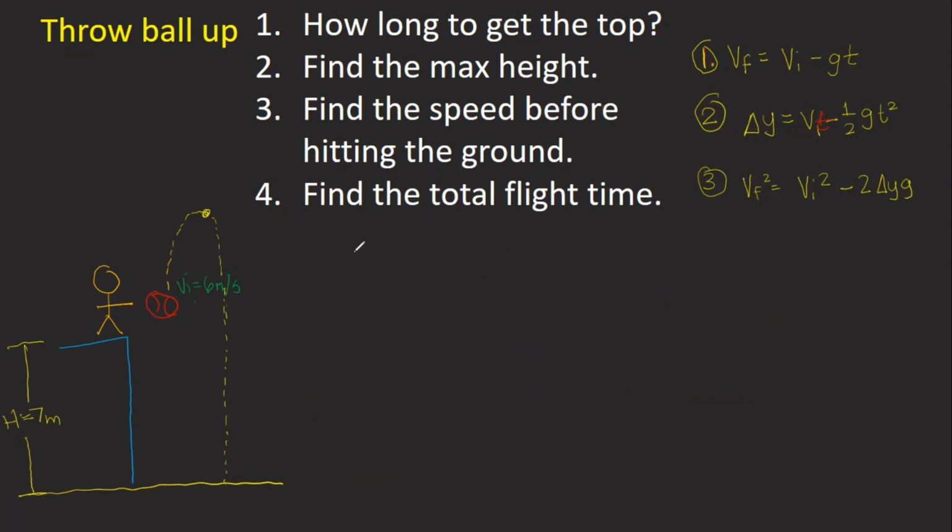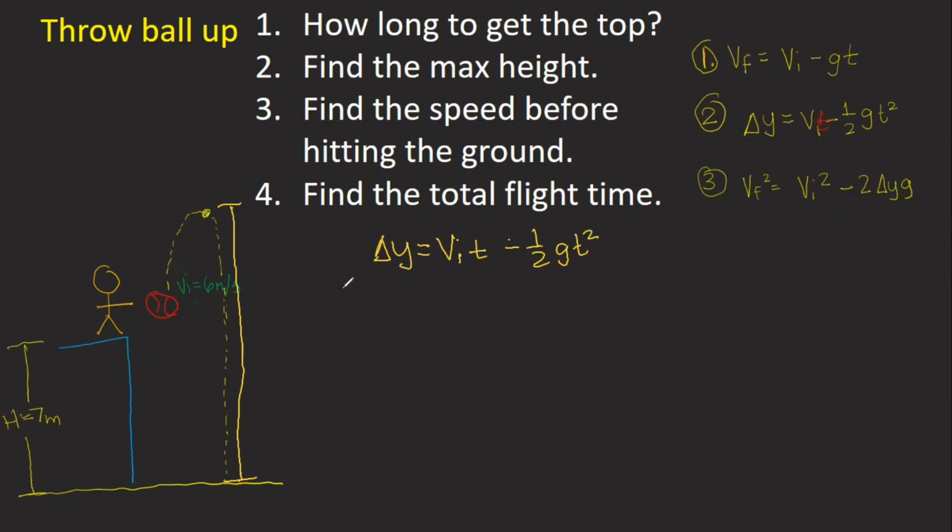Find the total flight time. So here, our concern is the total flight time from its initial point until it reached the top, until it reached the ground. So that's the total flight time. To solve that, we're going to use the second kinematic equation, which is the change in y equals initial velocity times time minus 1/2 gt squared.